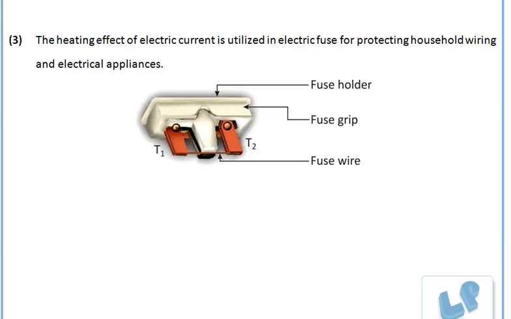Because of that, fire or other destruction can be avoided in a house, or we can even prevent damage to other electrical appliances in the house due to this excessive current flowing through them. So the electric fuse is a very important application of the heating effect of electric current.